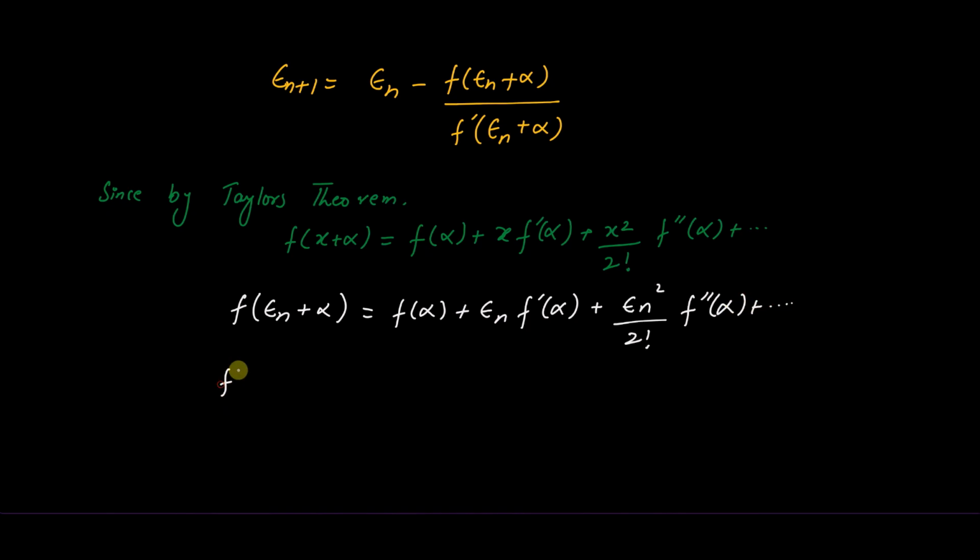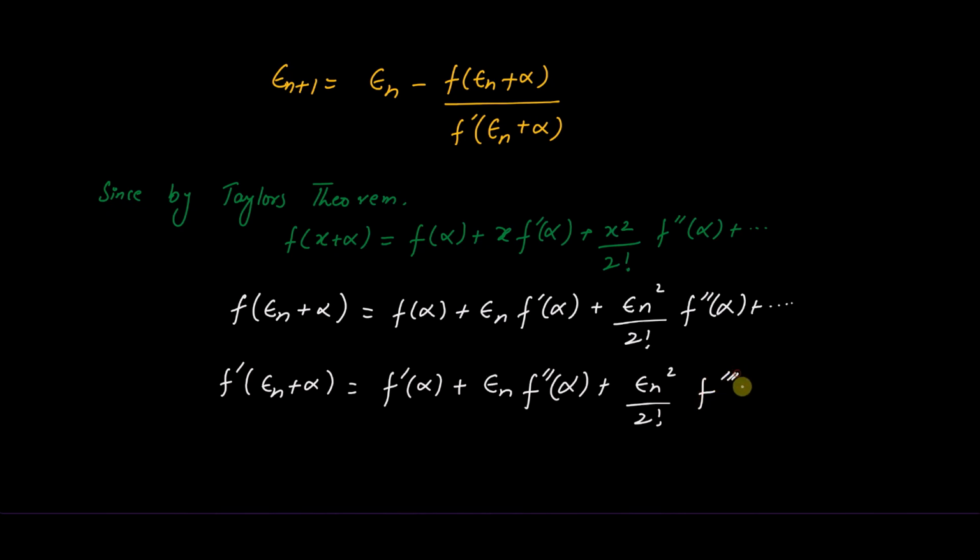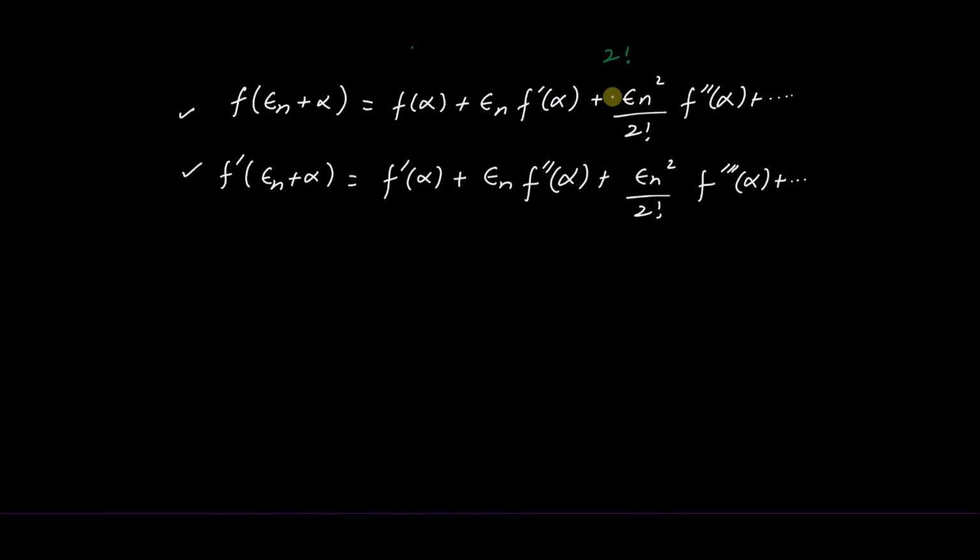Now we need its derivative also. So f'(epsilon_n + alpha) = f'(alpha) + epsilon_n f''(alpha) + epsilon_n^2/2! f'''(alpha) + and so on. Now we need to substitute these back into our formula.